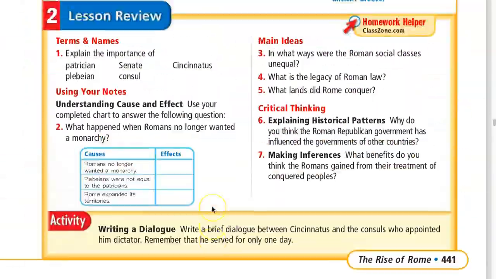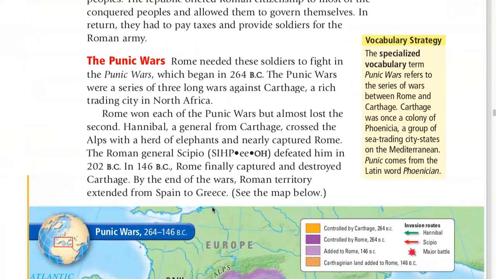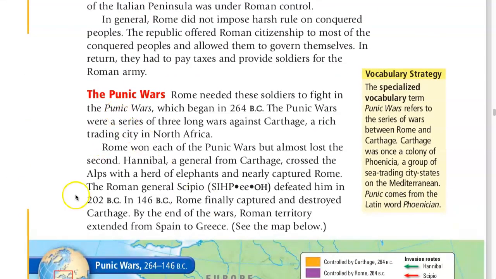I went too far, sorry. So, Carthage is a rich trading city in North Africa.